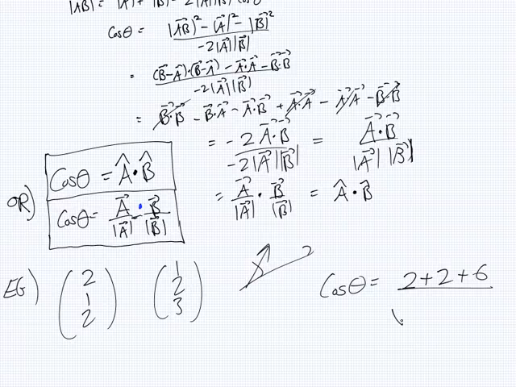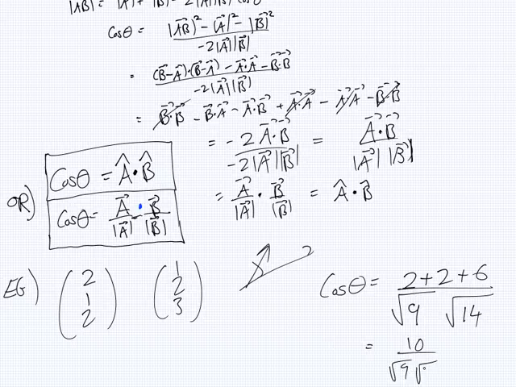And then the magnitude is square root 4 plus 1 plus 4, and this is square root 9. For this one, 1 plus 4 plus 9, square root 14. So then that's equal to 10 over root 9 root 14.